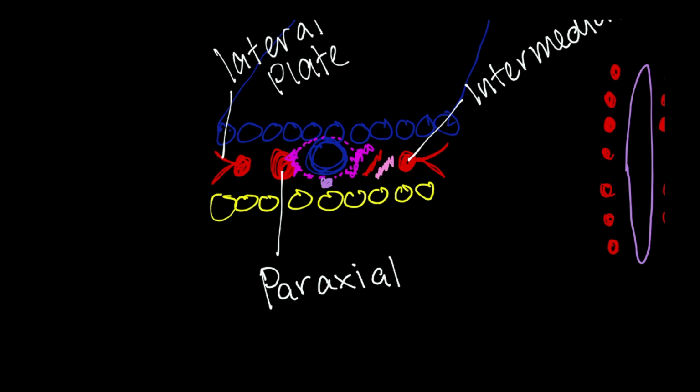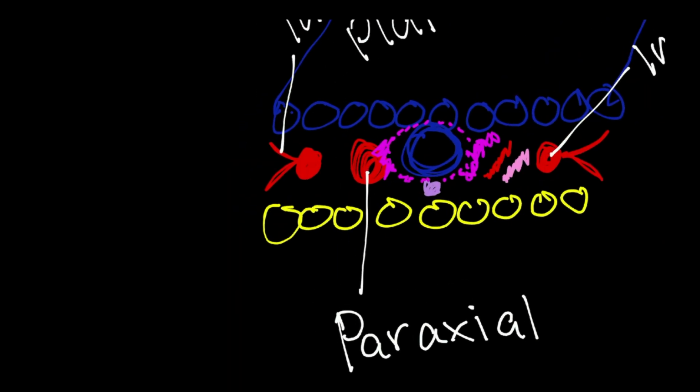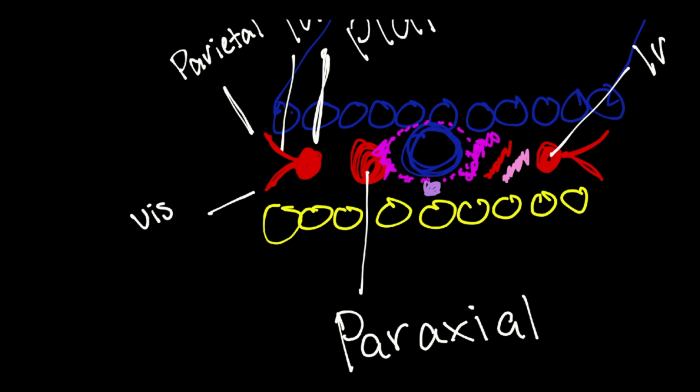And then finally, we have the lateral plate mesoderm, which will actually split here into 2 layers. This is the lateral plate mesoderm. This will be the parietal layer of the lateral plate mesoderm, and then this will be the visceral layer.